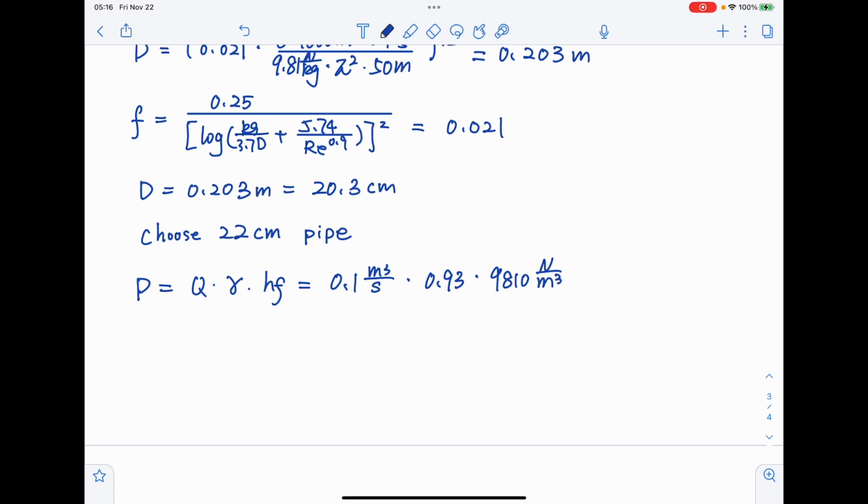Okay. And we need to multiply by head losses. For 1,000 meters, it should be 50. Okay. So the power is 45.6 kilowatts for each kilometer of pipelines.